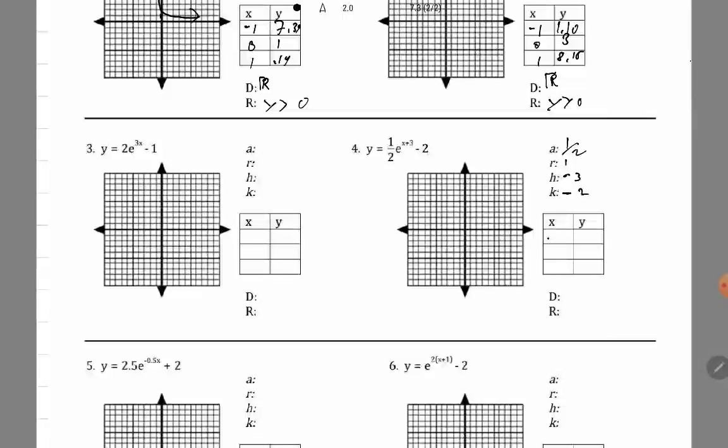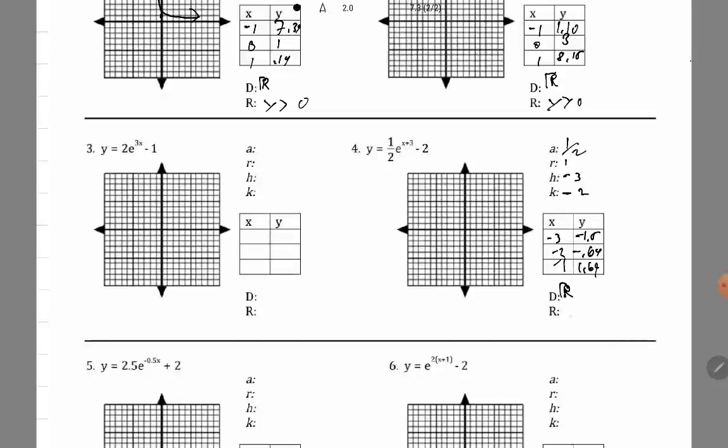So I'm just going to say negative 3, negative 2, negative 1. So if I plug in negative 3, I'll get negative 1.5, negative 2 gives negative 0.64, and negative 1 gives 1.69. Again, my domain is all real numbers.